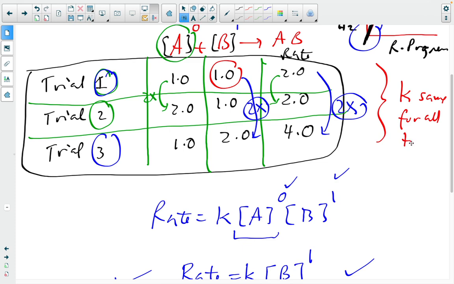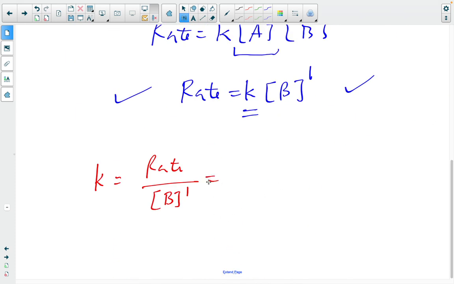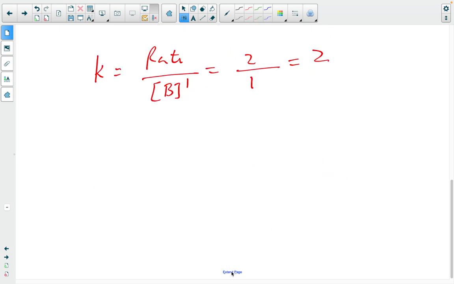So the K is the same for all trials. So if that's the case, I'm going to choose my trial number 1 here. So if I do that, my rate was 2, and then my concentration is just 1, and of course, that's raised to the power of 1, and my K value is 2.